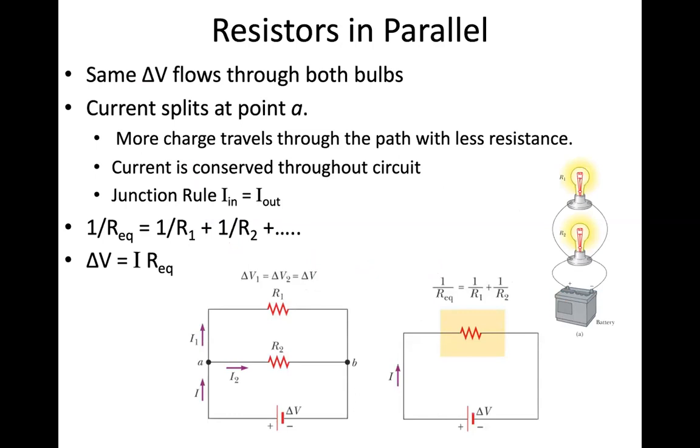When I draw it as a circuit diagram, I see that resistor 2 completes its own loop with the battery, so it gets the full battery. And that resistor 2 completes a full loop with the battery. It gets the full battery, the full delta V.